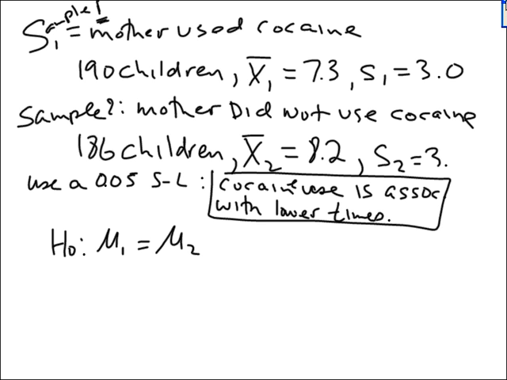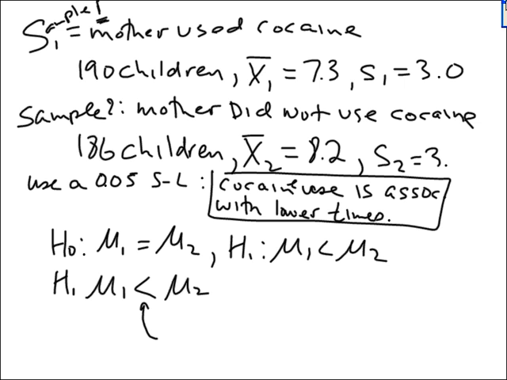So what they want to say is that the sample that uses cocaine, sample 1, is lower than sample 2. And since that does not have the equal sign, we call that H1. Okay, let me put it up here to save space.